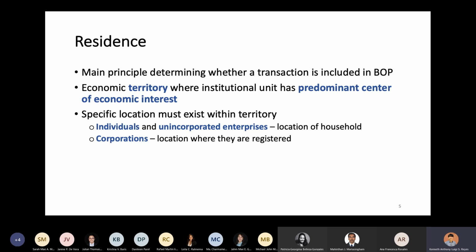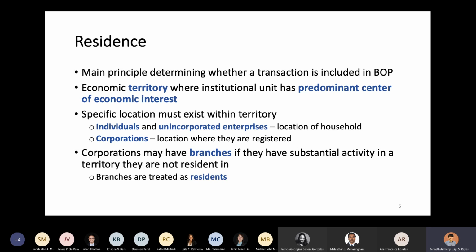For individuals and their associated unincorporated enterprises, it's usually the location of the household itself, while for corporations, it would be the location where they are registered. Note that a household can only have one residence, so every single member of that household must have the same residence. If a member of a household is working or living abroad, that member automatically qualifies as a different household, and is a non-resident of that territory.